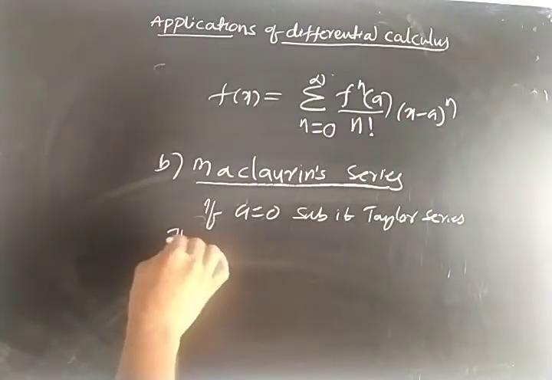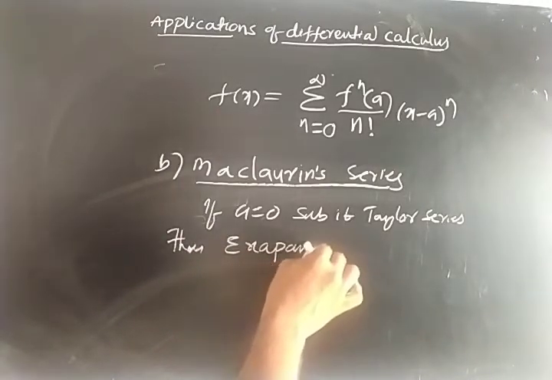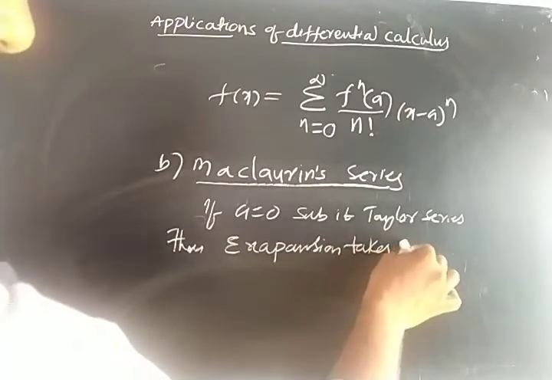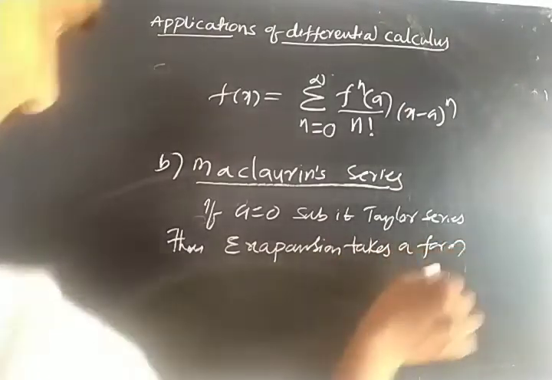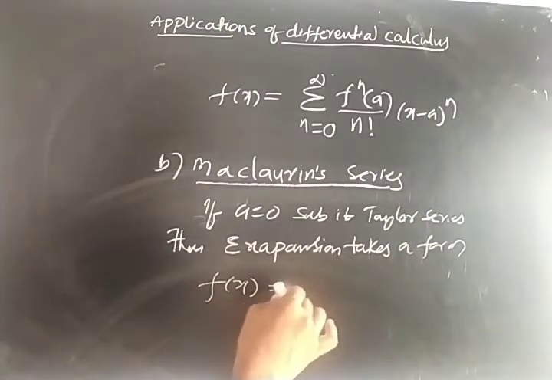then the expansion takes a form. f of x is equal to, in place of a we are substituting 0.